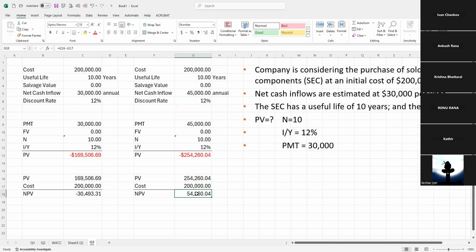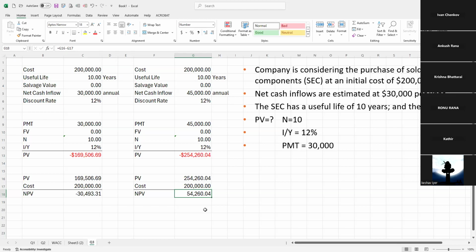Now, how can you interpret these numbers? This 54,260 doesn't mean that you're going to get that much cash. You shouldn't be interpreting this number as, oh, I'm going to get the 12% return plus $54,260. No, no, no. This is just a number, it doesn't mean anything.